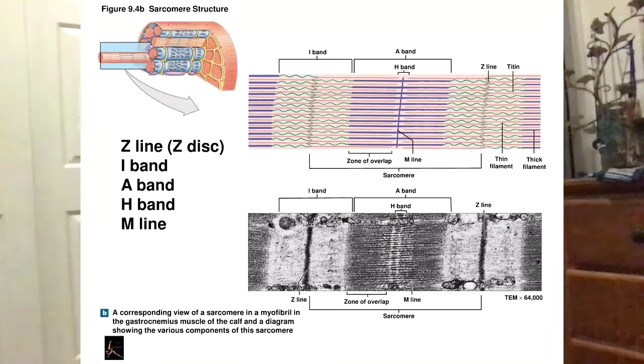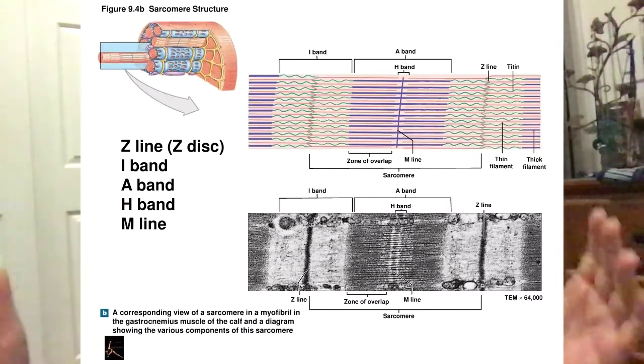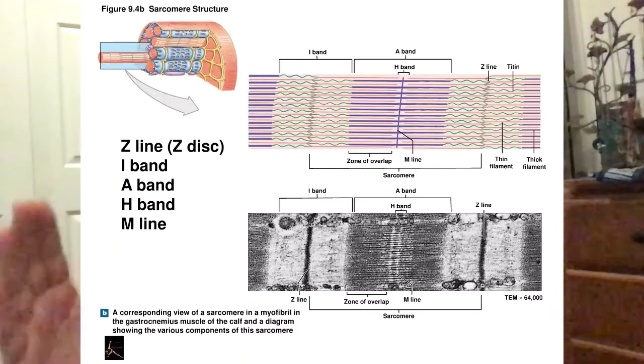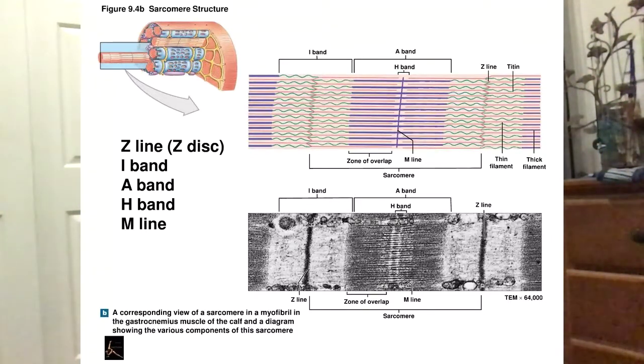Then notice down the middle of the I bands, there are those zigzag lines. It looks like a Z, and those are actually called the Z line or the Z disc. That delineates the ends of the sarcomere. So you've got the middle, and then you've got the two ends of the sarcomere. The ends are the Z line, the middle is the M line.